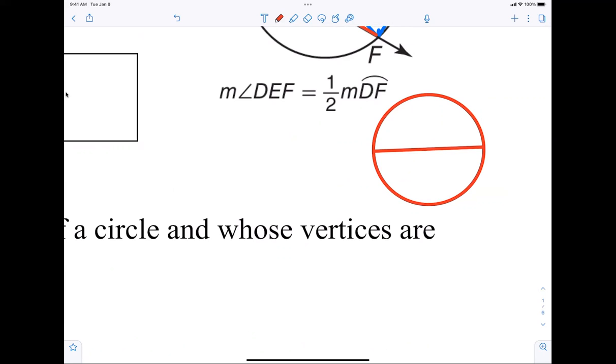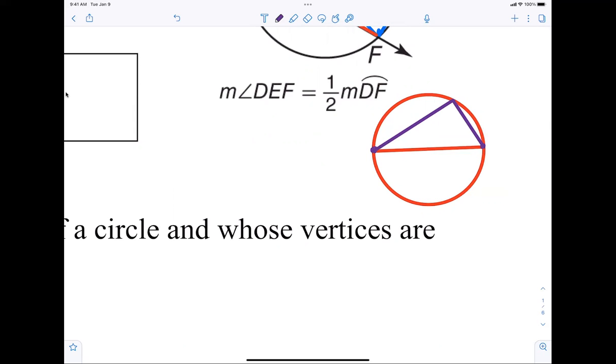But drawing a 90-degree angle wasn't as easy for some reason. So they found out that if you draw a circle and you draw the diameter and you draw an inscribed angle whose endpoints are on the diameter, what have I just created? I just created a right angle.